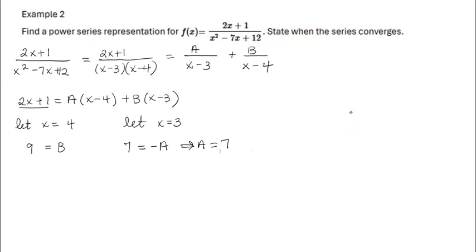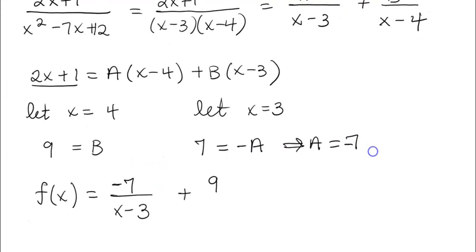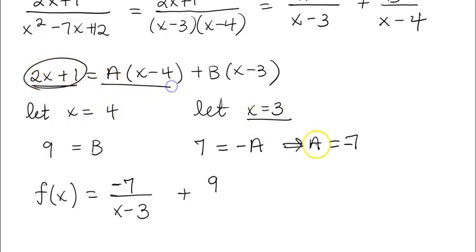So now I know my function f of x can be represented as 7 divided by x minus 3 plus 9. A is a negative 7, so this is negative 7 divided by x minus 3, because when I plug in x equal to 3, I get 7 is equal to negative a.